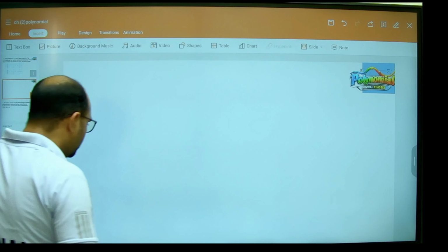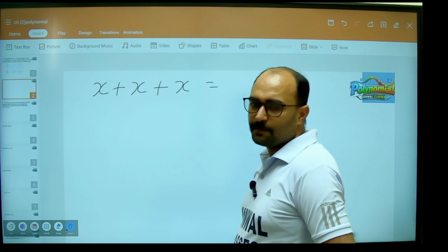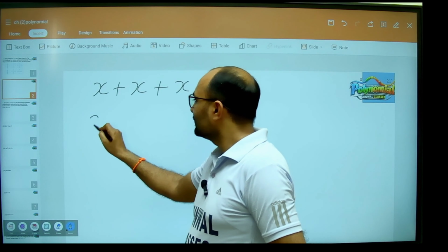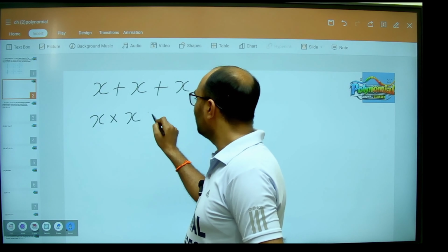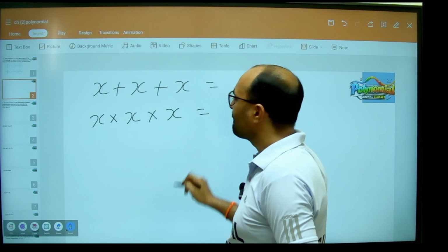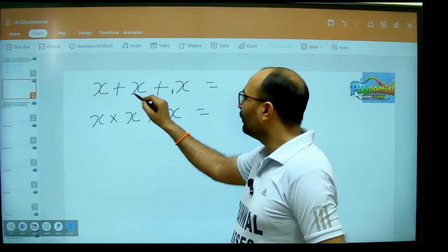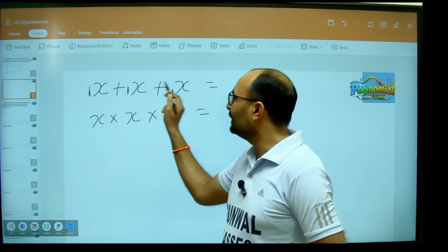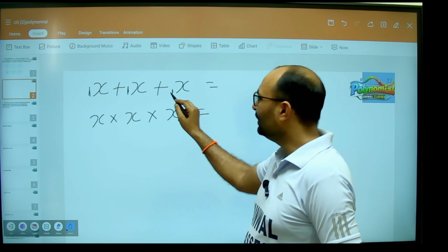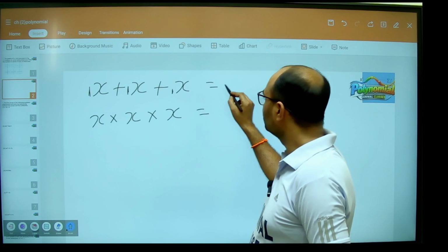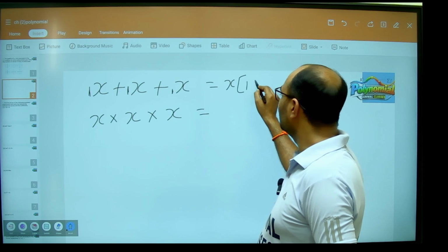Okay, tell me first: x plus x plus x is equal to? In this case, the coefficient is 1 each. If x is taken out common, 1 plus 1 plus 1 is 3.